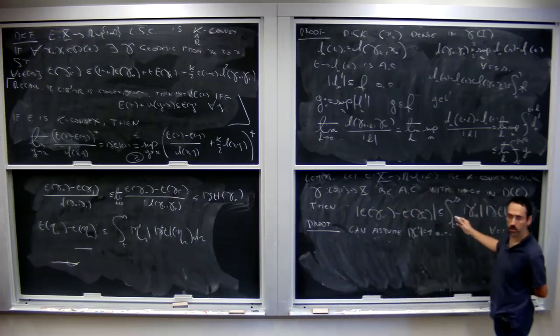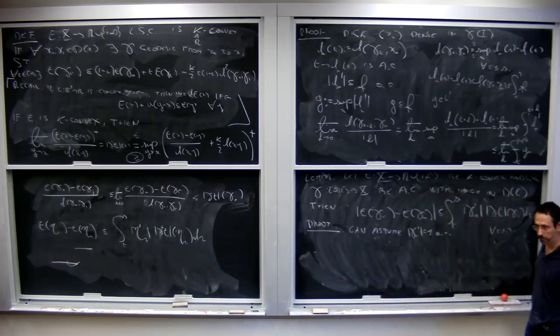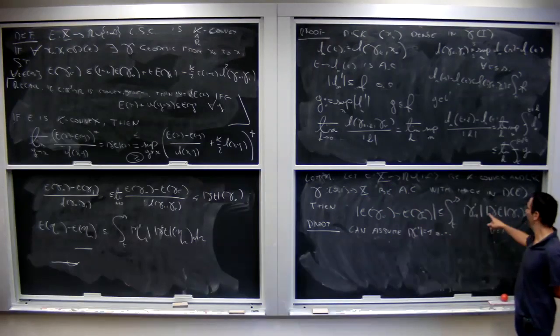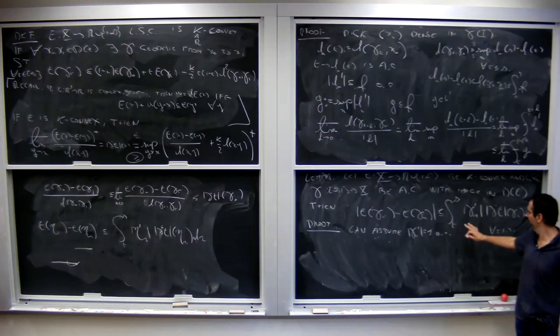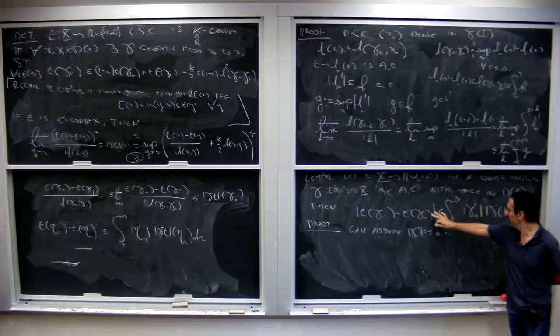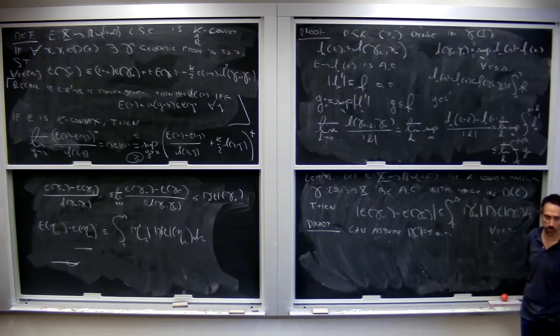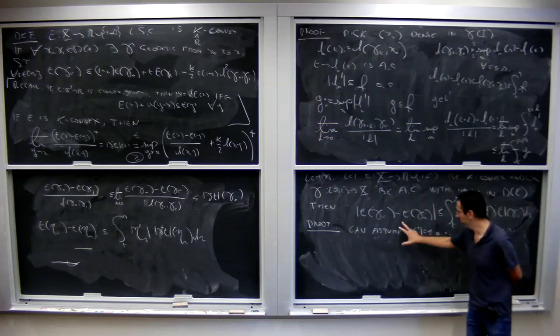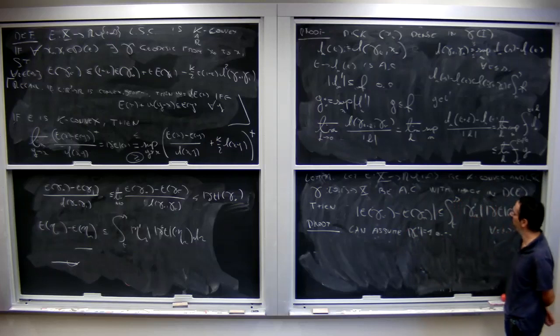Use the reparameterization argument, and notice that, by the chain rule in 1D, these inequalities are invariant under reparameterization. So I reparameterize by constant speed via the exercise that I gave before, and I fall in that case.